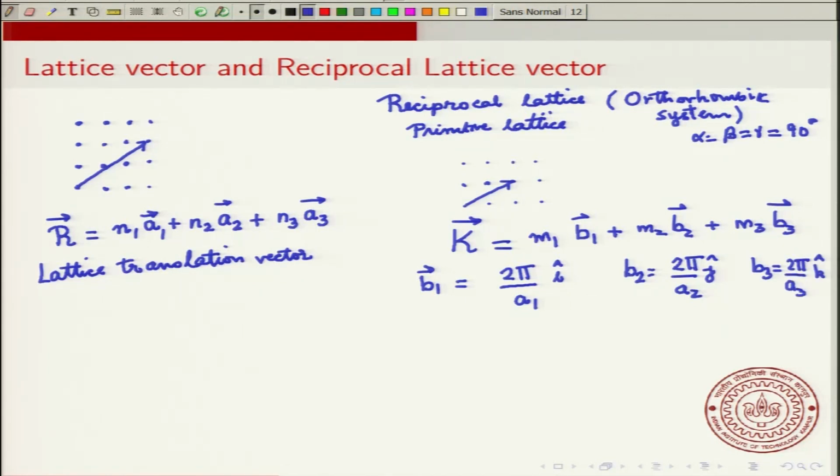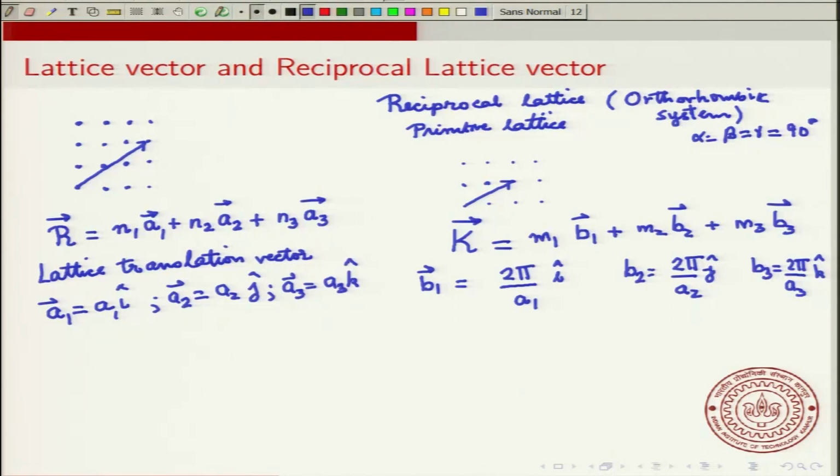Okay, so I'm just doing this. I'll explain why this is useful. Just to emphasize again, a1 is equal to a1 i, a2 is equal to a2 j, and a3 is equal to a3 k.